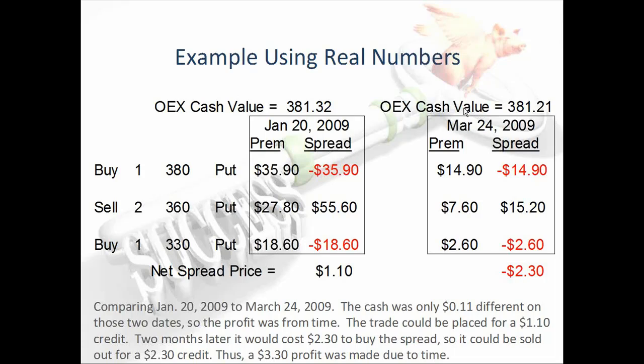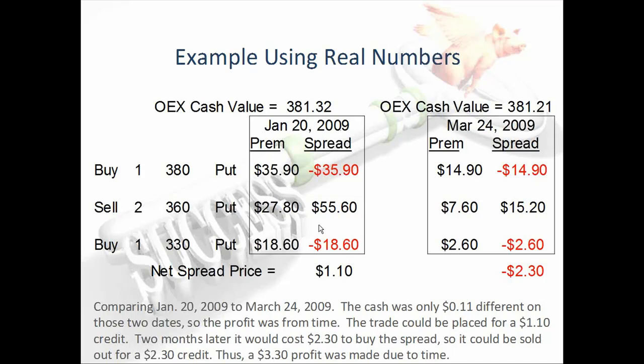Now, if the cash value is the same and the volatility is the same, the only thing that's really changed is time. So what I tried to do is isolate time so that you can see how over time this position makes money.